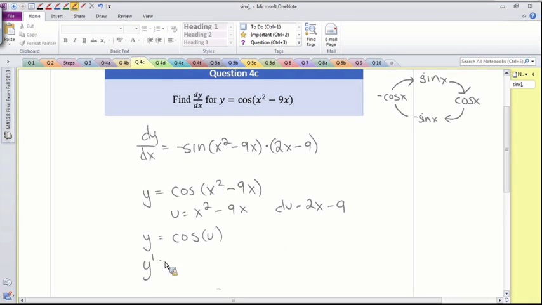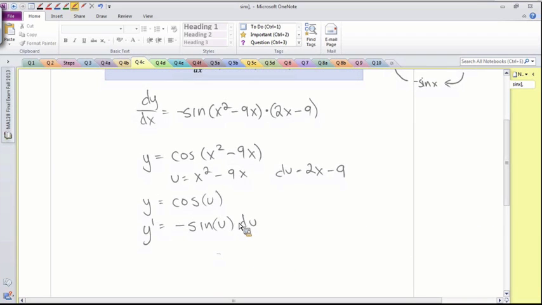So y prime is equal to negative sine of u du. We substitute our u back and our du back, and we get negative sine of x squared minus 9x times du, which is 2x minus 9. So any questions?